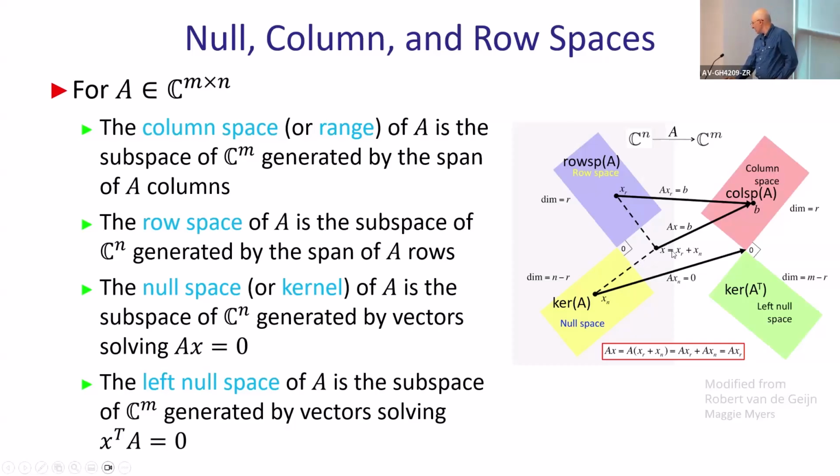Okay, so if this is the case, and you multiply A by X, and X is that thing, here is what happens, okay? So you have A times (xr plus xn), which is X, but A times xn by definition is 0, right? Because this is the null space, okay?